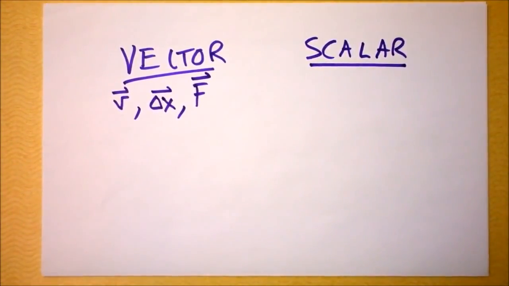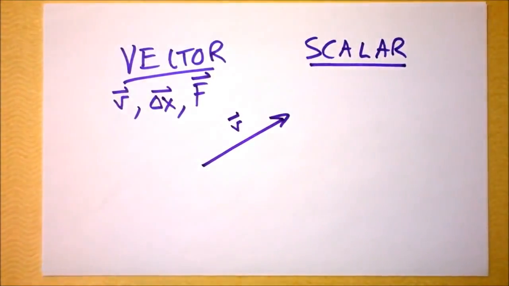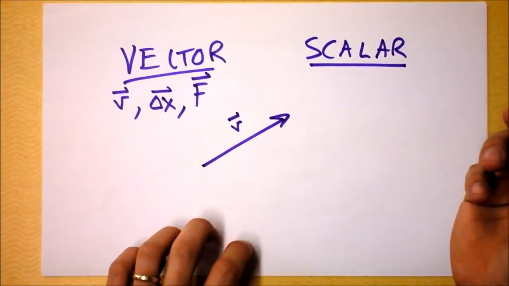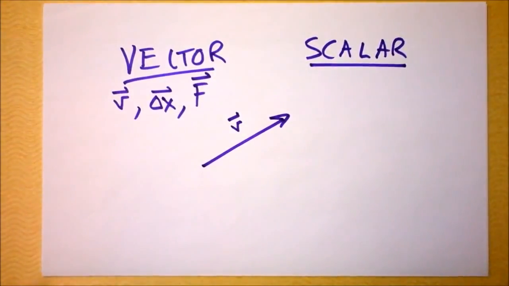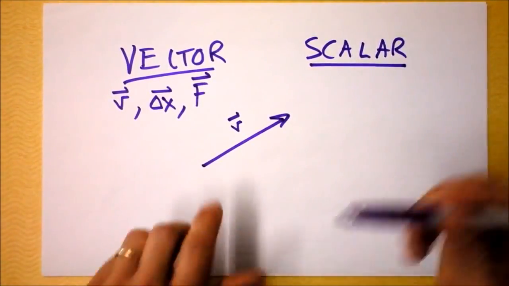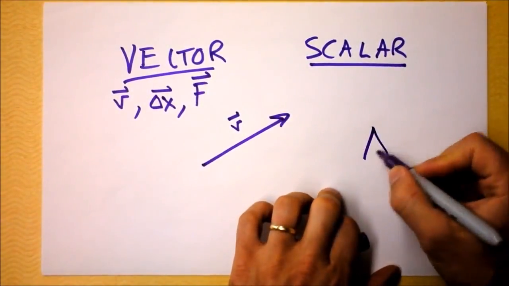We can picture a vector in our heads as an arrow. This could represent a vector because this arrow has both direction and magnitude: it's going a certain direction and has a certain length that could represent its magnitude. But really this is just a representation of a vector. The true vector is much like a platonic form of a triangle.